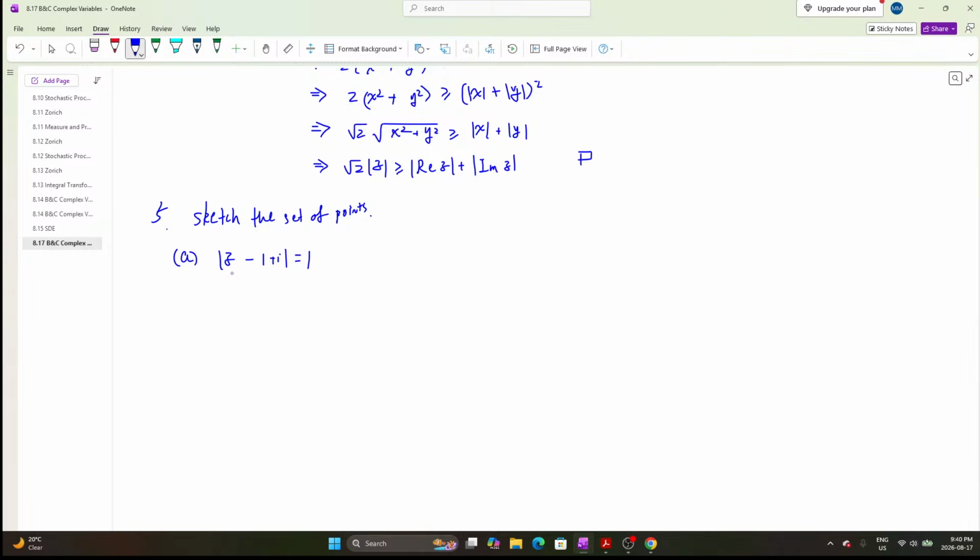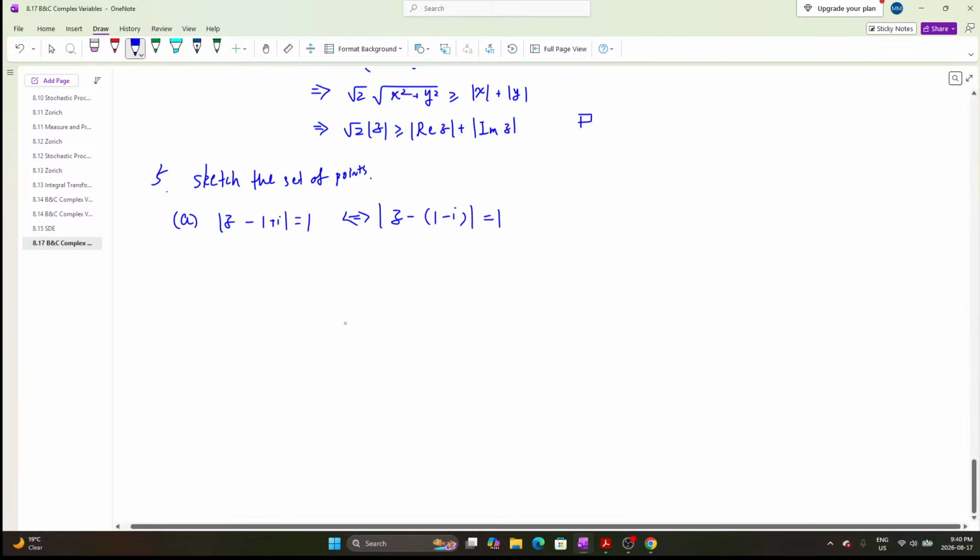Well, you can write it this way, this is equivalent to the absolute value of z minus the quantity 1 minus i equals 1. So that's saying the distance between z and the point 1 minus i is constant, which is 1. And that's exactly the circle.